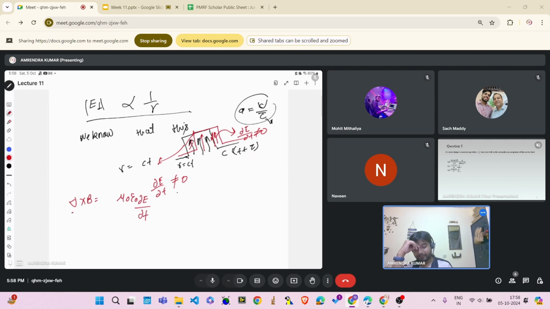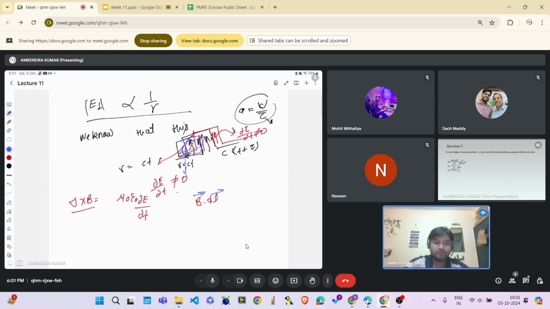If this is the del cross B, you can just calculate B dot dl. So I was saying that if you have this surface, what will happen? You can calculate the B dot dl here.